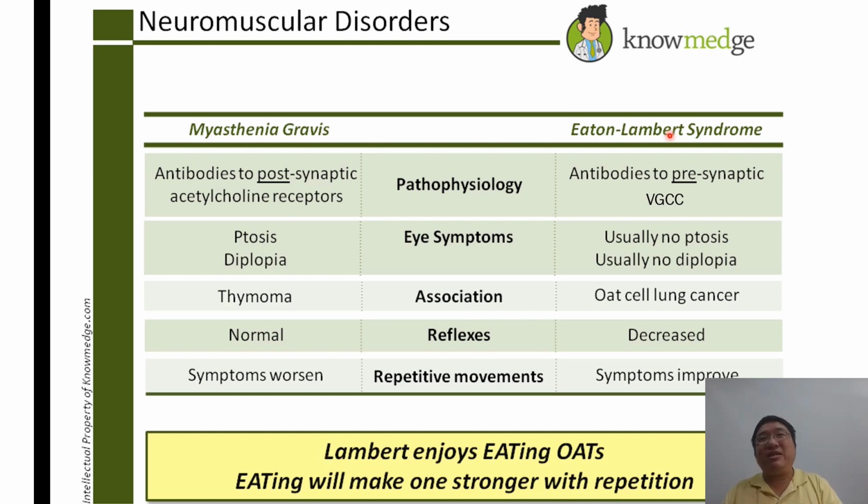So Lambert-Eaton enjoys eating, meaning that it is associated with oat cell lung cancer. Because this person enjoys eating oats, and of course eating will make one stronger after repetition. So implying that in this condition, repeated stimulation will improve the symptoms.